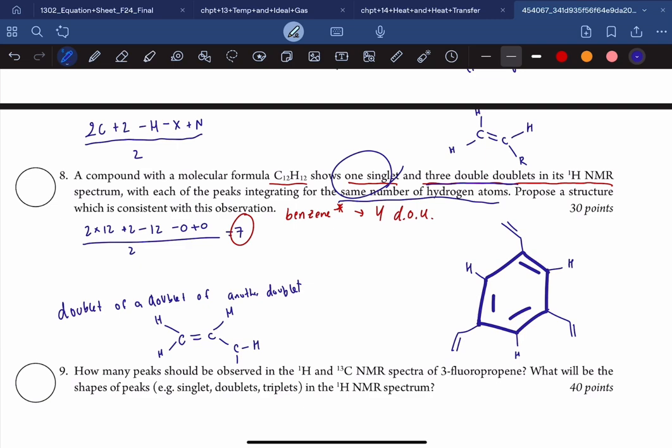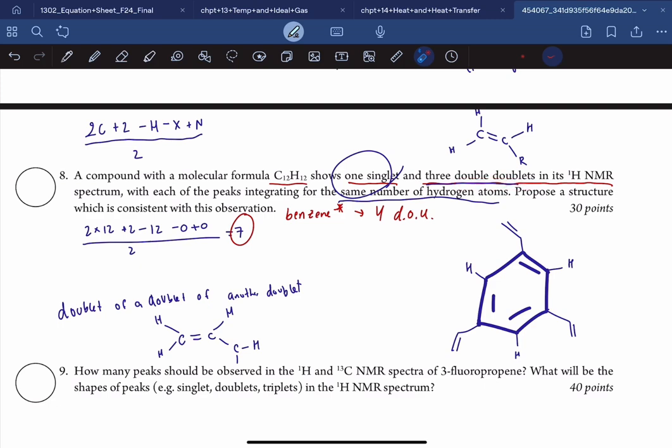But you see in our case, our double bond C has one H and is bonded to a carbon with no other hydrogens, whereas this one does have a hydrogen. So that's why it's not a doublet of a doublet of a doublet. It's just a doublet of a doublet.